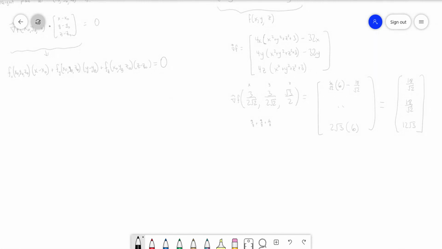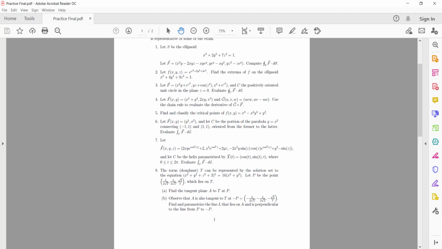Okay, so then to get the equation of the tangent plane, I'm just going to use the terminology in the problem.